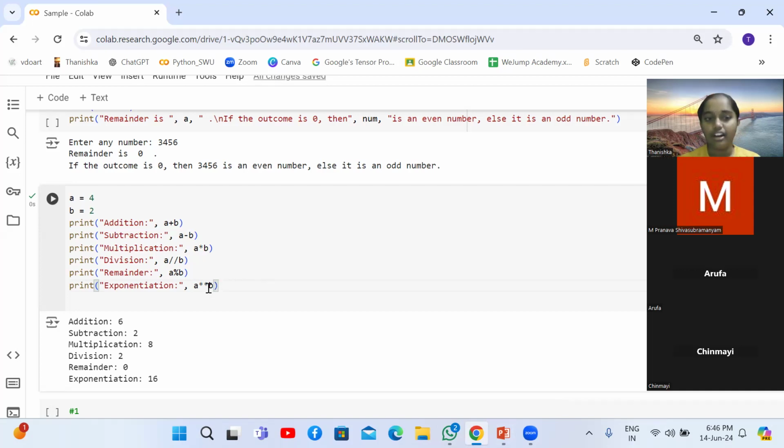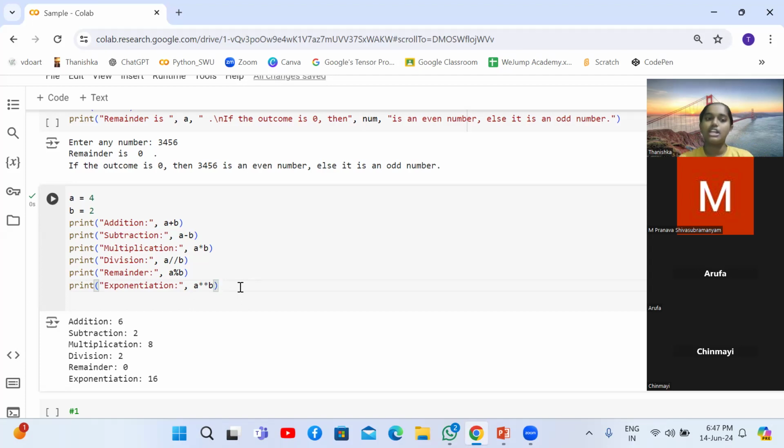So this is how you guys learn. I think you guys have learned a lesson called exponents and powers in your class, right? So the same thing. Here a is 4 and b is 2. This double multiplication symbol, in Python, if you use this symbol, it means raised to the power of.